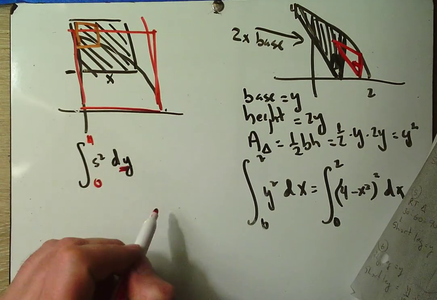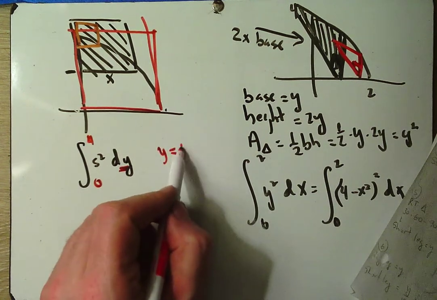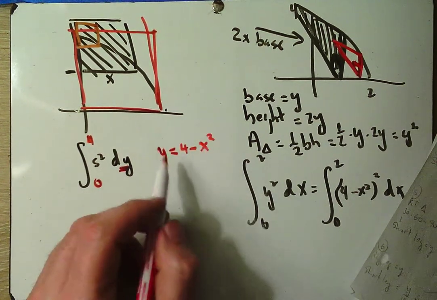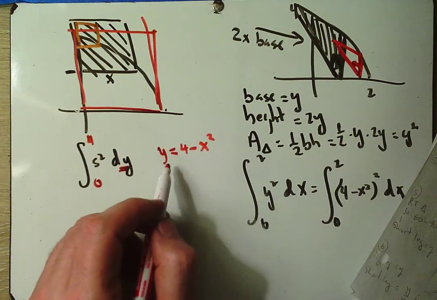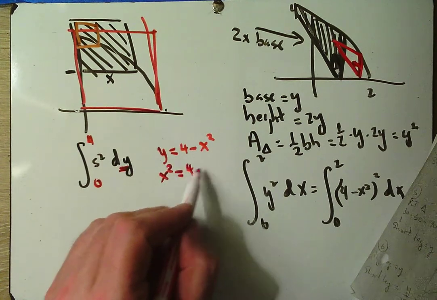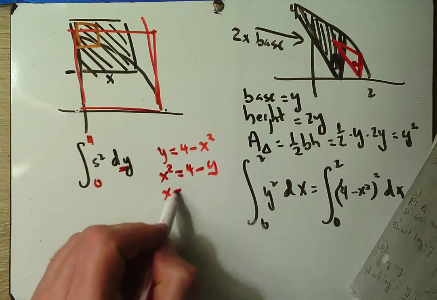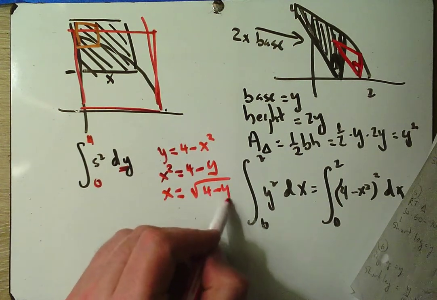And I need y equals. Okay, we know y equals 4 minus x squared. So let's get everything written in terms of y. I will have x squared equals 4 minus y, and x equals the square root of 4 minus y.